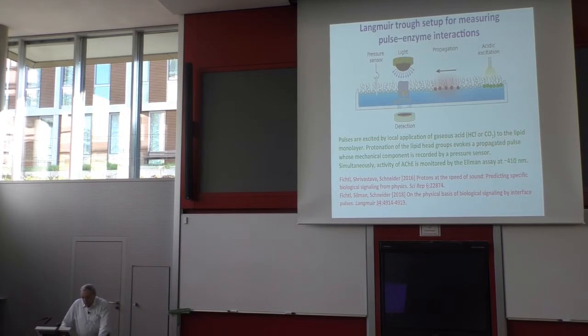Together with Bernard, this work was extended by incorporating acetylcholinesterase into the monolayer, just like before, and looking at the propagation of acid excitation, which you see on the right, going towards pressure sensors. And here is a light detection apparatus, just like we had before, to see what's happening to acetylcholinesterase in the course of the movement of the pulse through the monolayer.